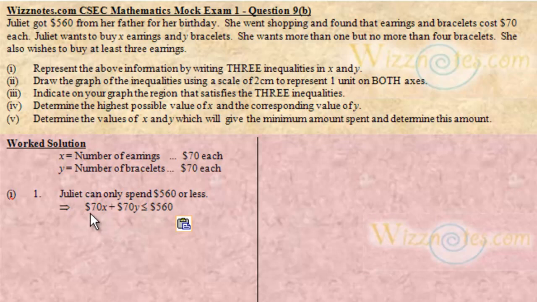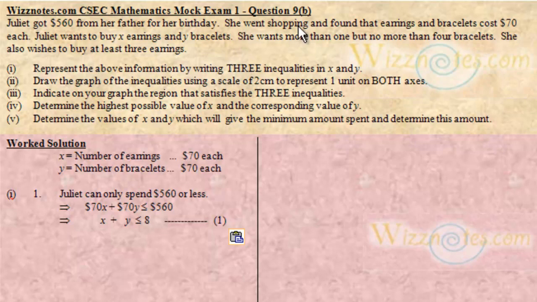Then if we divide through this inequality by 70, we end up with our first inequality: X plus Y is less than or equal to 8. That's our first inequality.